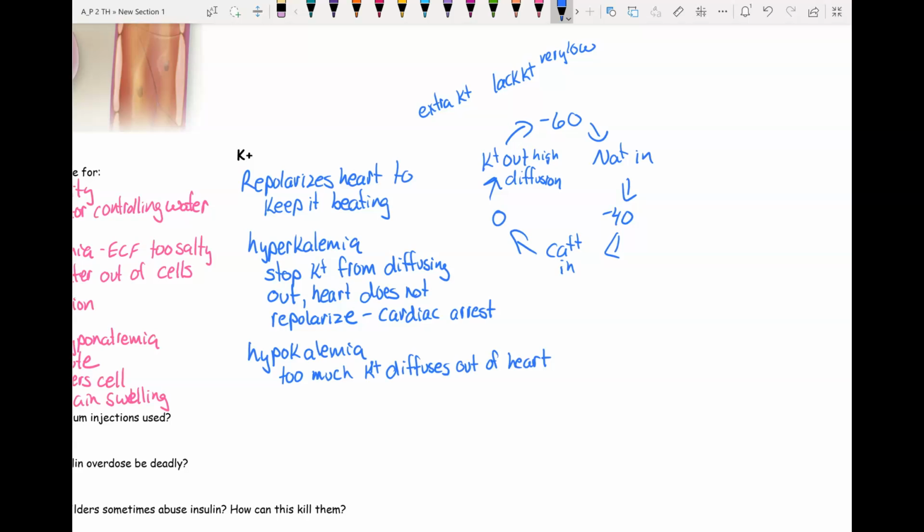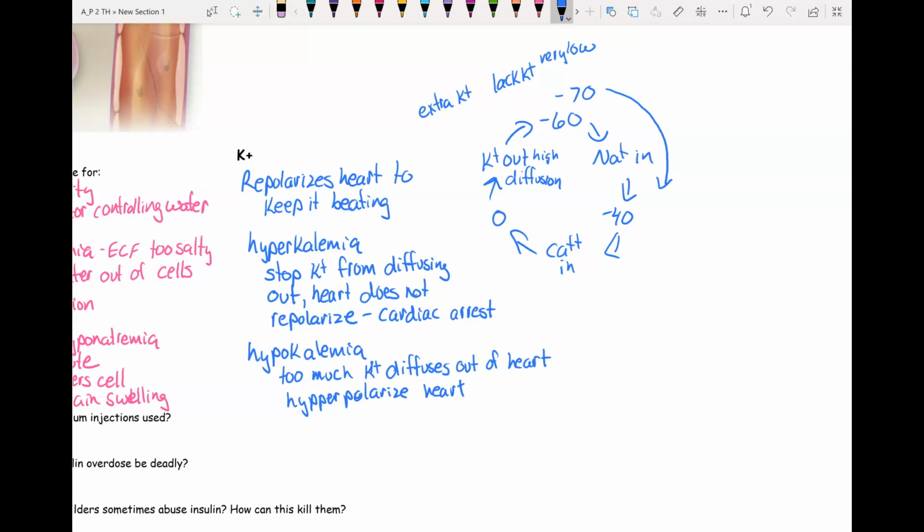So that's going to hyperpolarize. The more potassium diffuses out, the lower the voltage goes. So this will cause you to hyperpolarize the heart. So instead of -60, maybe it's -70. And when you hyperpolarize it, you make it so that the sodium can't get it up to -40. It's so negative, you let sodium in, but you don't quite reach -40.